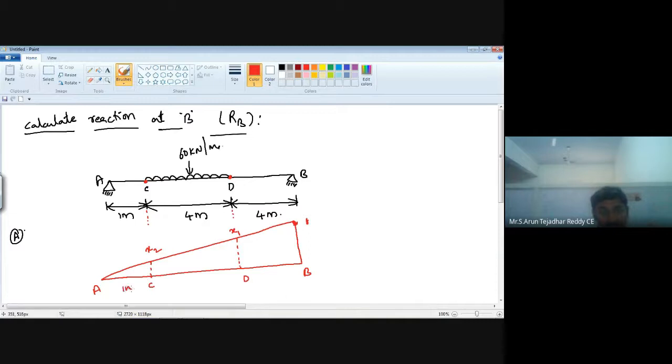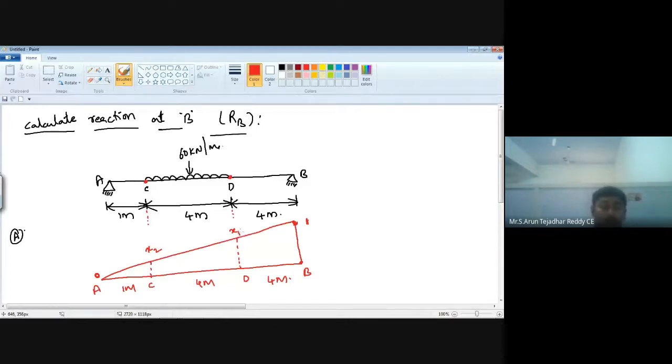Here it is 1 meter, 4 meter, 4 meter. Already we know that at point A the intensity is 0, and at point B the maximum intensity is 1. But we don't know the ordinate value at point C or at point D. So first of all, find out x1 and x2.